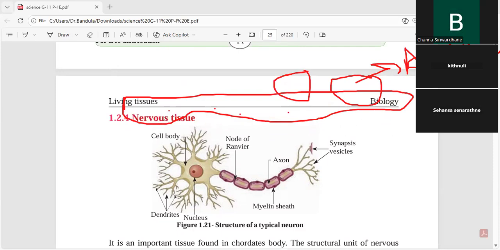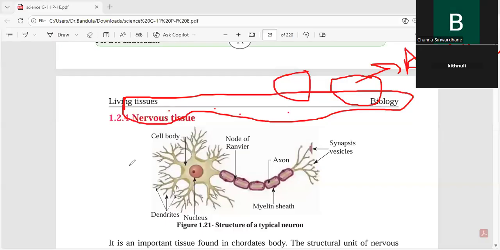Now, nerve impulses are coming to the cell body through the dendrites. Through the dendrites, nerve impulses are coming to the cell body. Then they are going away from the cell body through the axon to the other neuron.